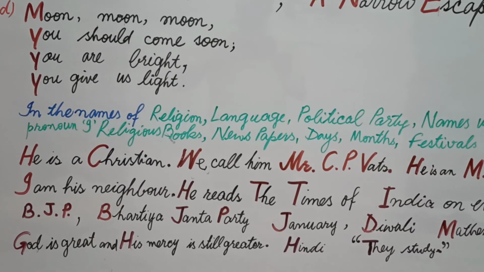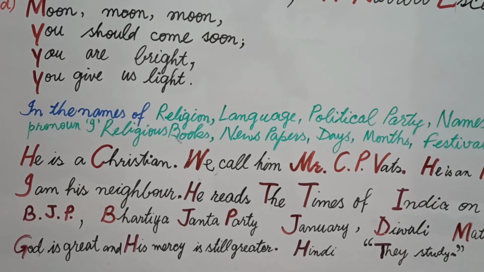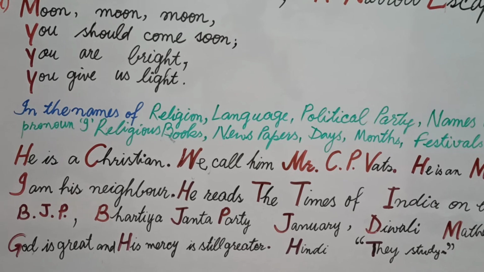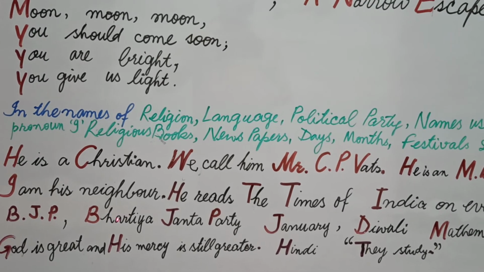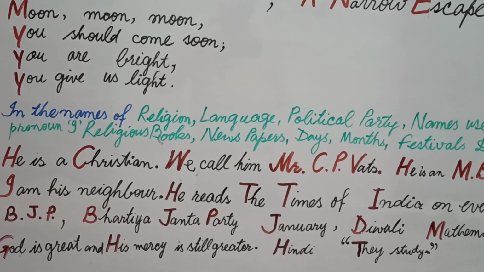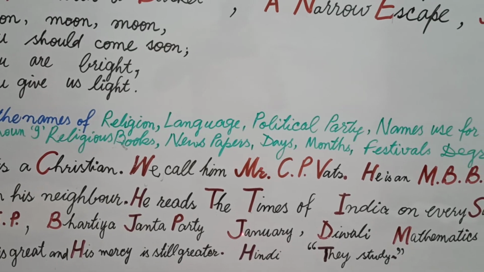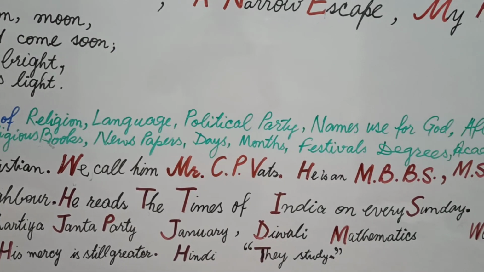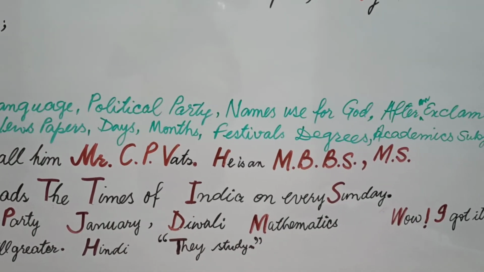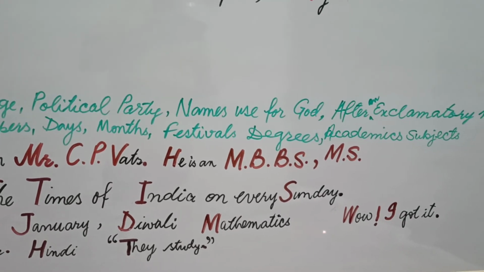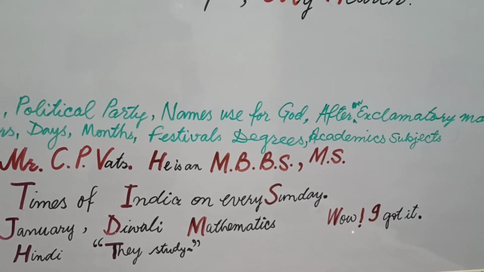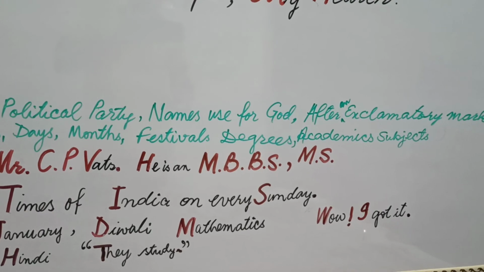After this, students, the political party BJP, B.J.P., you can say in full form Bharatiya Janata Party, BJP in capital. January, J capital. Diwali, D capital. Mathematics, M capital. Wow, I got it! W capital, and this is a sign of exclamation, that's why I wrote I capital here and then full stop.